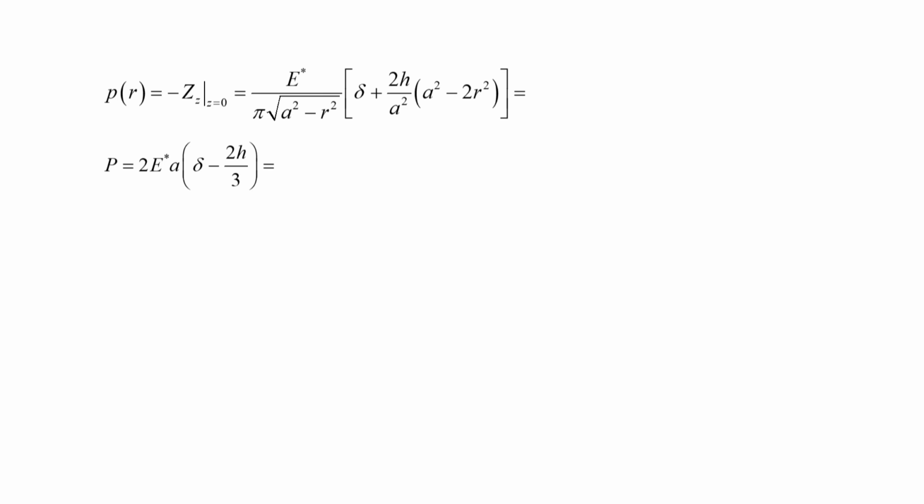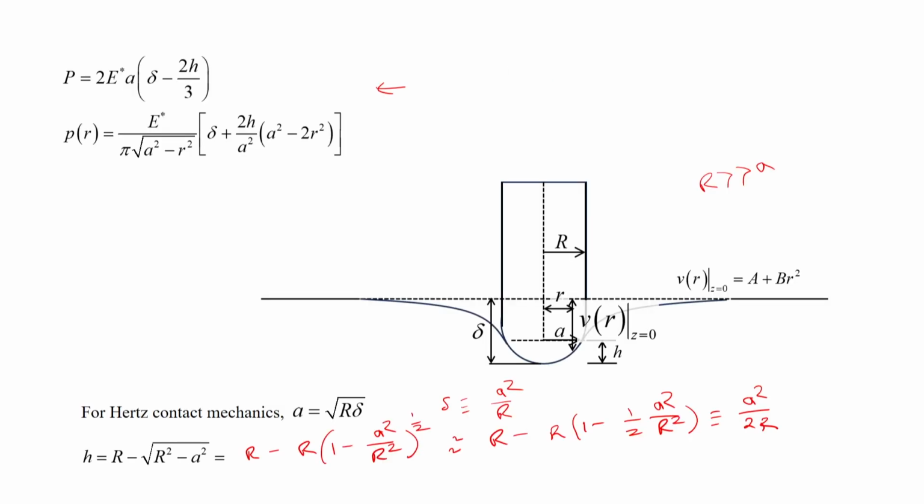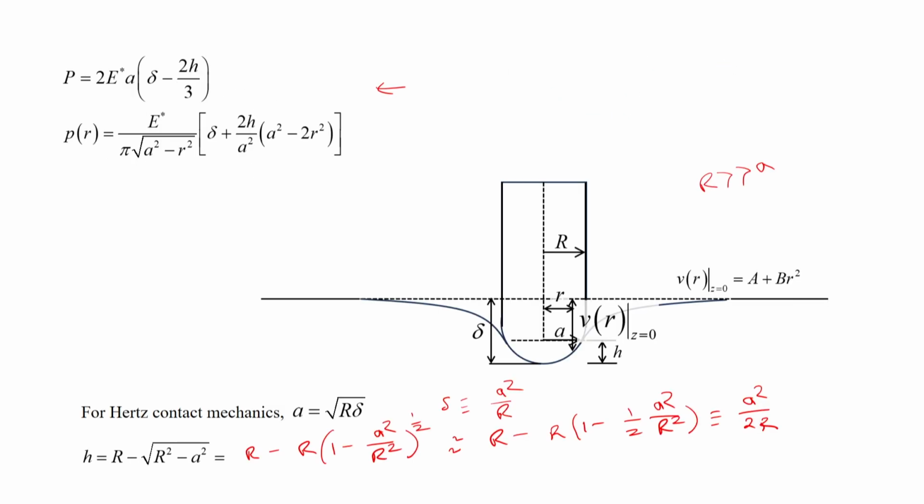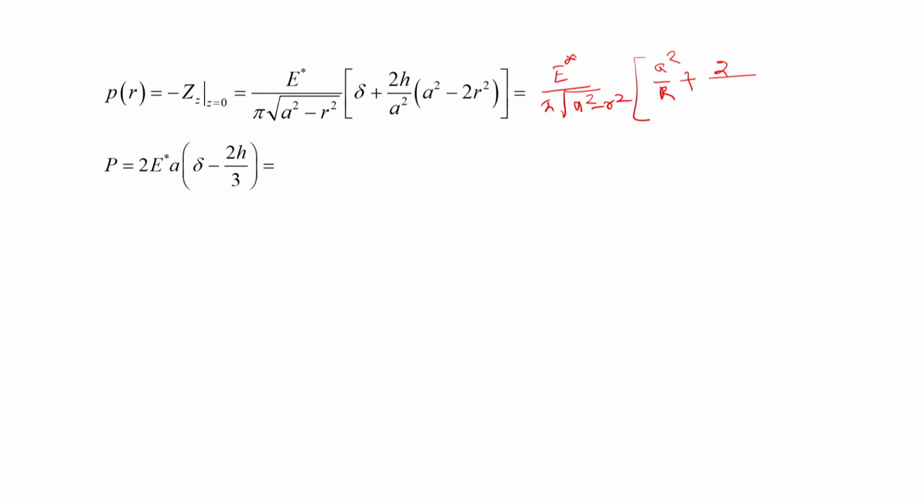If we do that, then we can write E star into pi into the square root of a square minus r square, and delta is a square by R, plus 2 into h, which is a square by 2R. So h is a square by 2 capital R, into a square minus 2 r square. Here the a square and a square get cancelled, and the 2 gets cancelled.